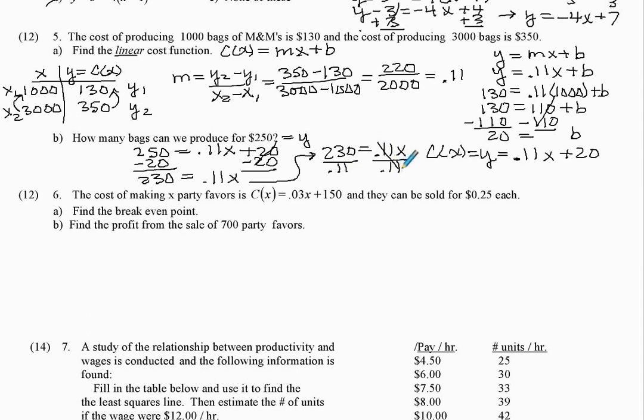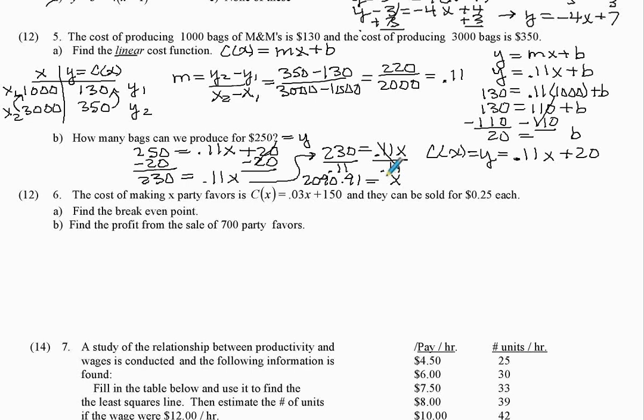And these divide to 1 to cancel. X equals 230 divided by 0.11. If you do the calculator work there, you get 2090.91. And that's an x value.